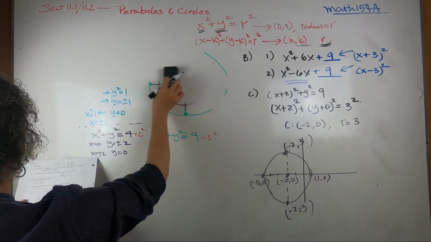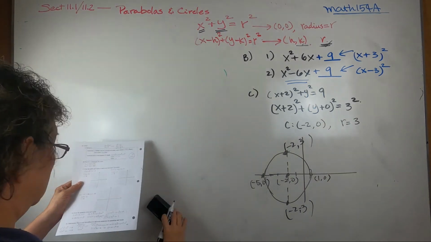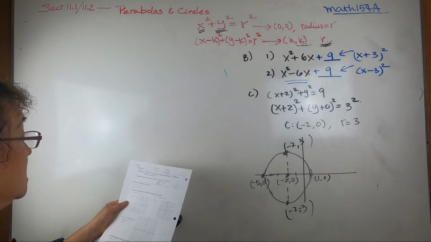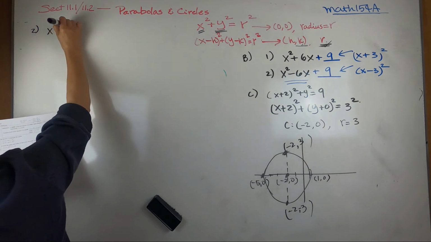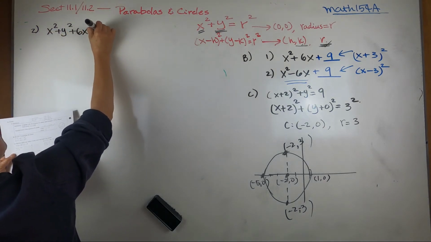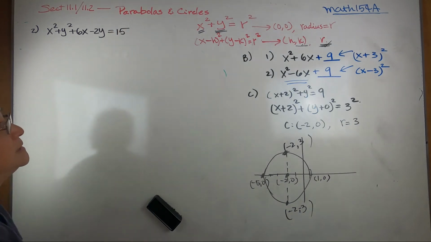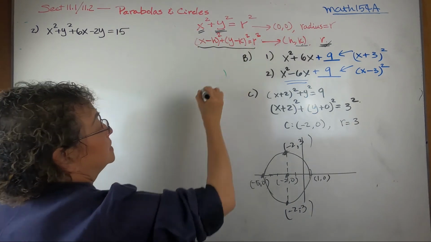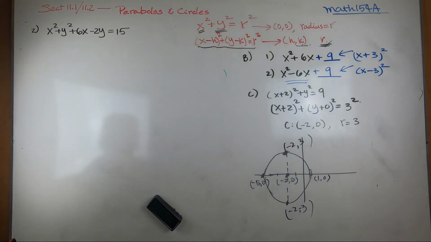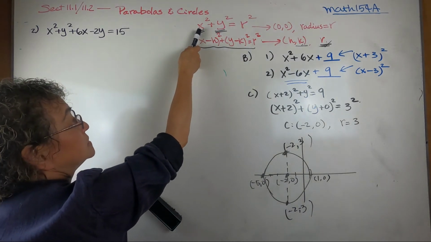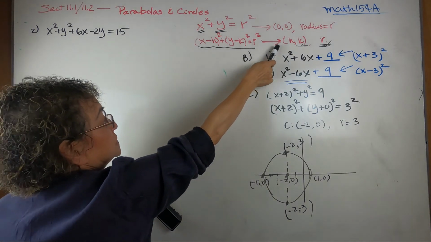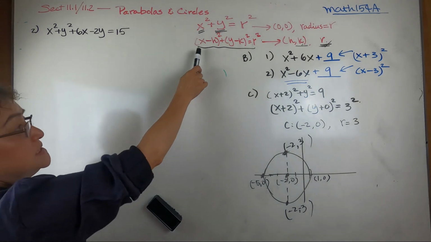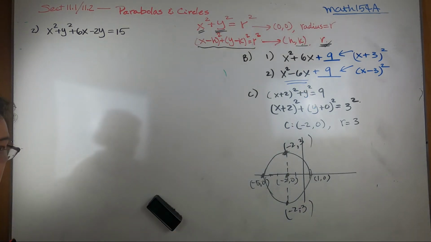Okay, then let's look at other things. Next one, let's look at this one: x squared plus y squared plus 6x minus 2y equals 15, right? But we need this form, pretty much a standard form, right? One is a standard form, where the center is 0, 0. This is a shifted form, where the center is h and k. Then we need to have this so we can graph the circle.